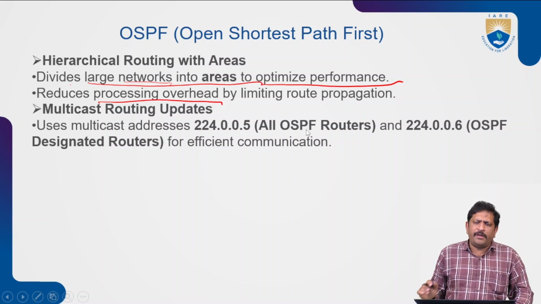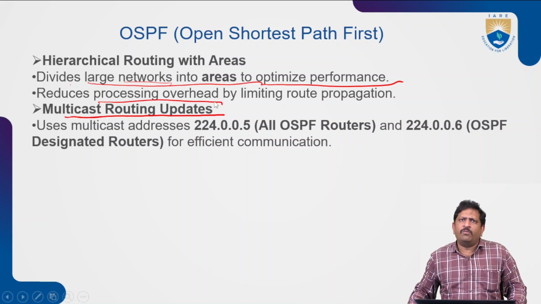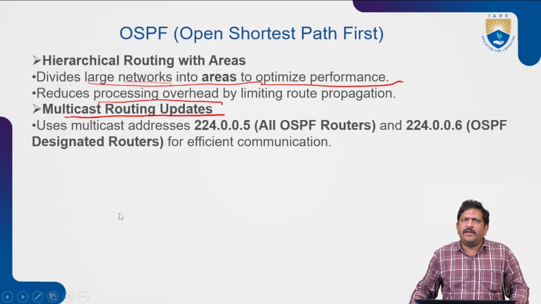Multicasting routing updates can be used. With multicasting routing, more information and data can be sent from the multicast address. This is for all OSPF routers, and this is for OSPF designated routers. That means the source router IP address and destination IP address are used for efficient communication, which is all for all.